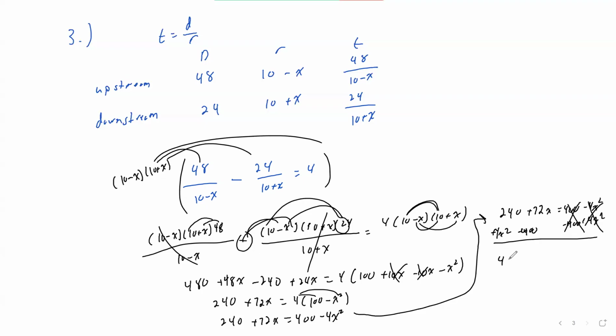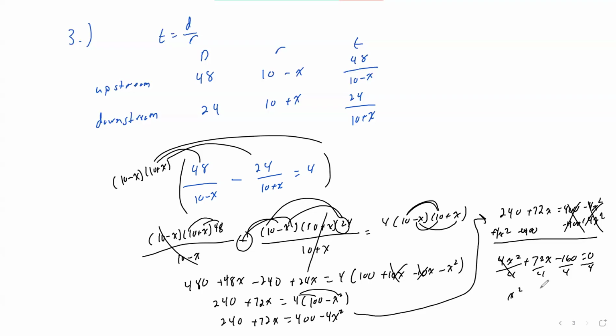So I get 4x squared plus 72x. And then 240 minus 400 is 160. And then I do notice that they are all divisible by 4. So I'm going to divide everything by 4 to make my number smaller.